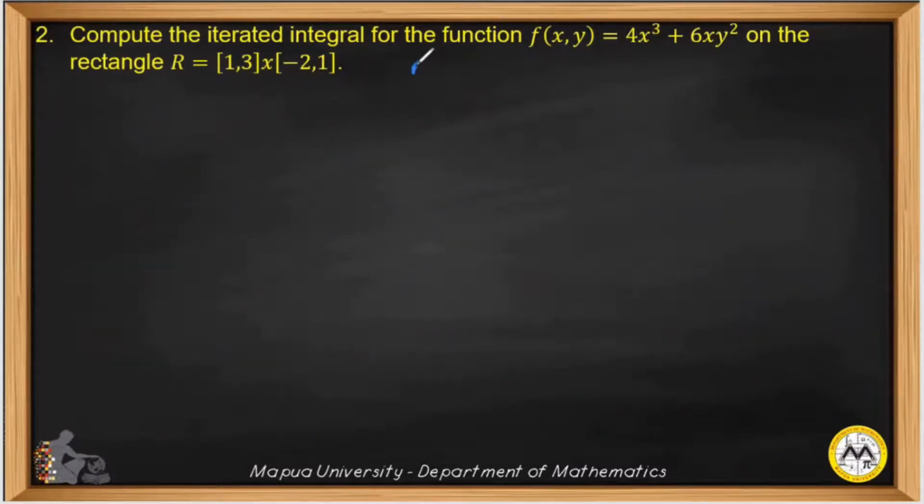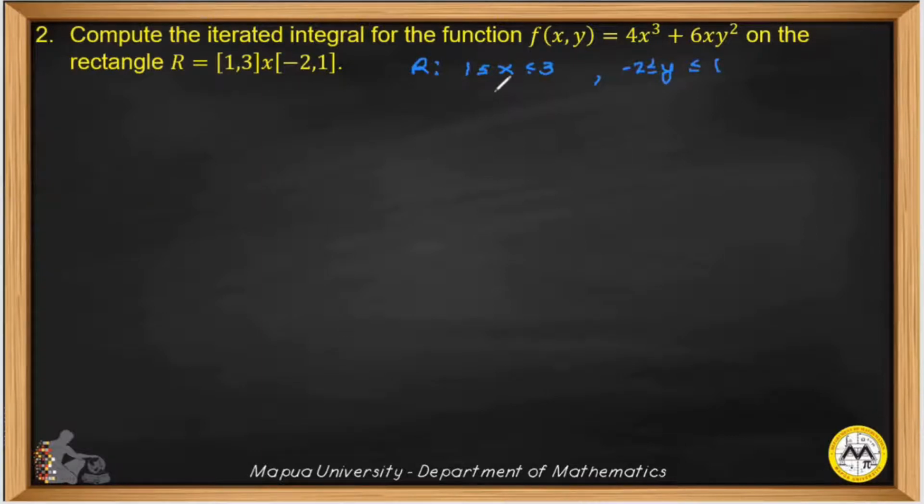Now we can also write the region R as x going from 1 to 3, and y goes from -2 to +1. Okay, and in the xy plane, the region R is rectangular, where y will go from -2 to 1, and x will go from 1 to 3.